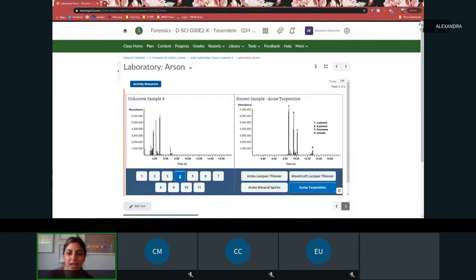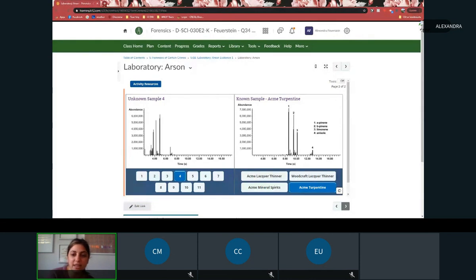Great. Good, Courtney. So Courtney has the Acme Mineral Spirits for number 3. Number 4 is the Woodcraft Lacquer Thinner. Number 5 is the Acme Lacquer Thinner. Good. And then Elena said that number 6 was the Showroom Wood Storage Chest with the Acme Lacquer Thinner. Number 7 was great.